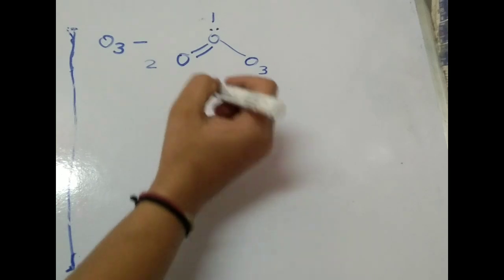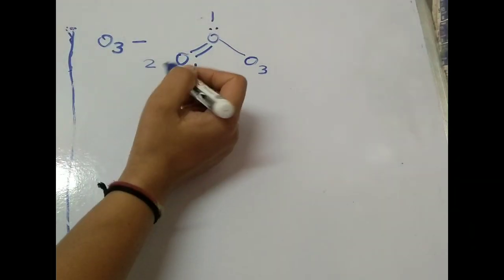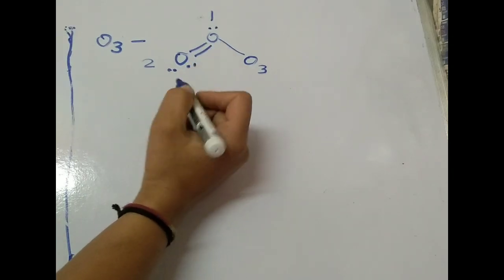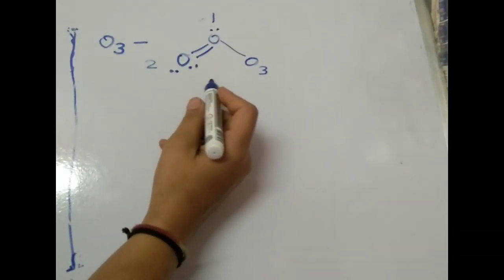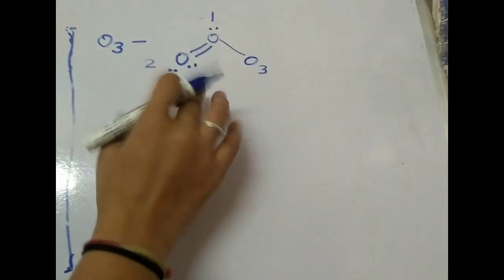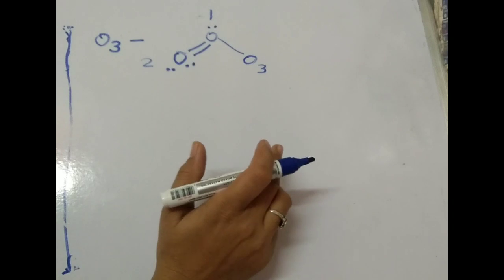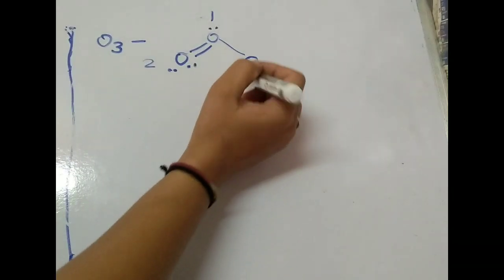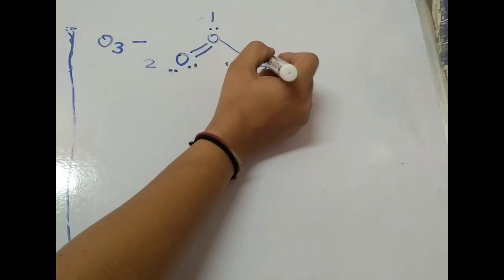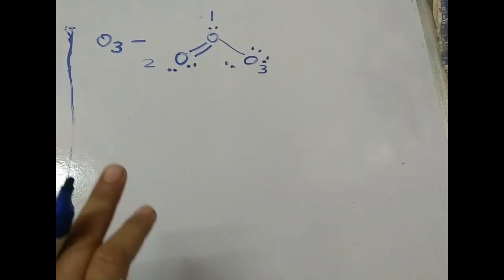O2 has 2 lone pairs because oxygen has 6 valence electrons, and 2 are going into bonding with the one oxygen atom, so 2 lone pairs of electrons are present by the Lewis dot structure. Lewis gave the Lewis dot structure to calculate the bonding and non-bonding electrons of the covalent bond. O3 also has 6 electrons, 1 2 3 4 5 6, non-bonding, which means 3 lone pairs of electrons are present.